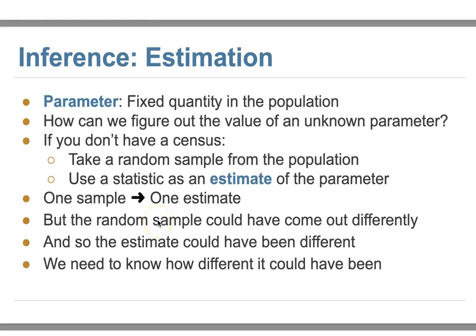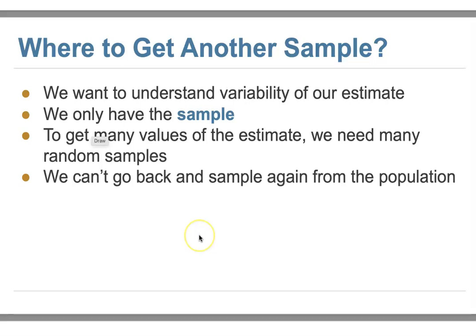So instead of getting only one number to estimate the parameter, maybe we can get more samples, then we get a range to estimate the parameter. But it's difficult to go back to the population to get more sample data.